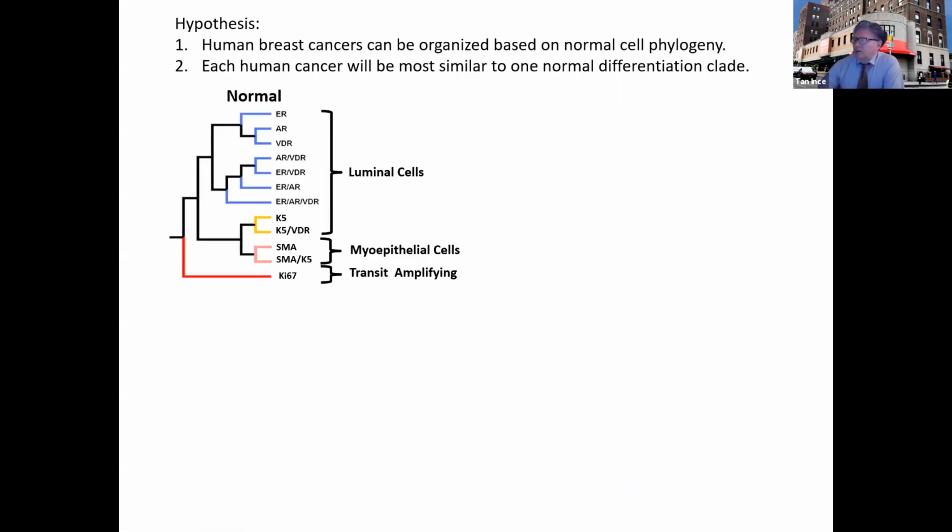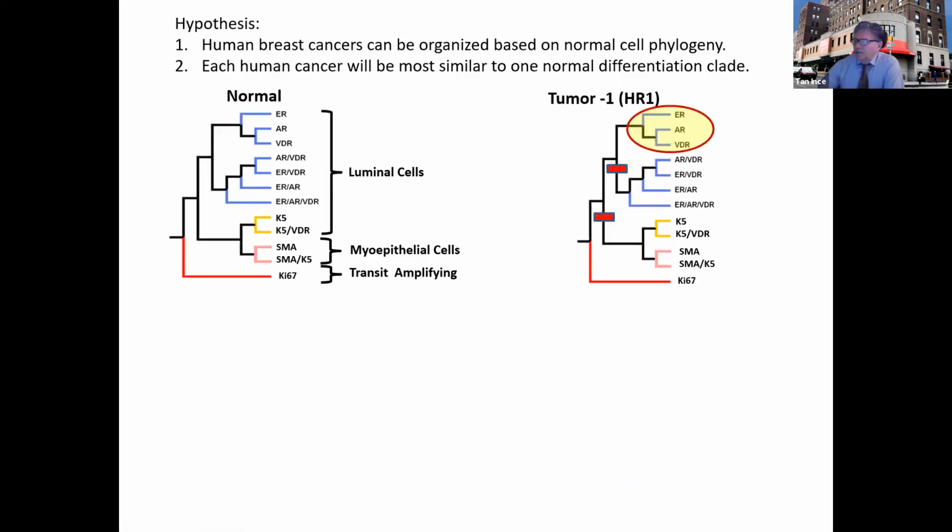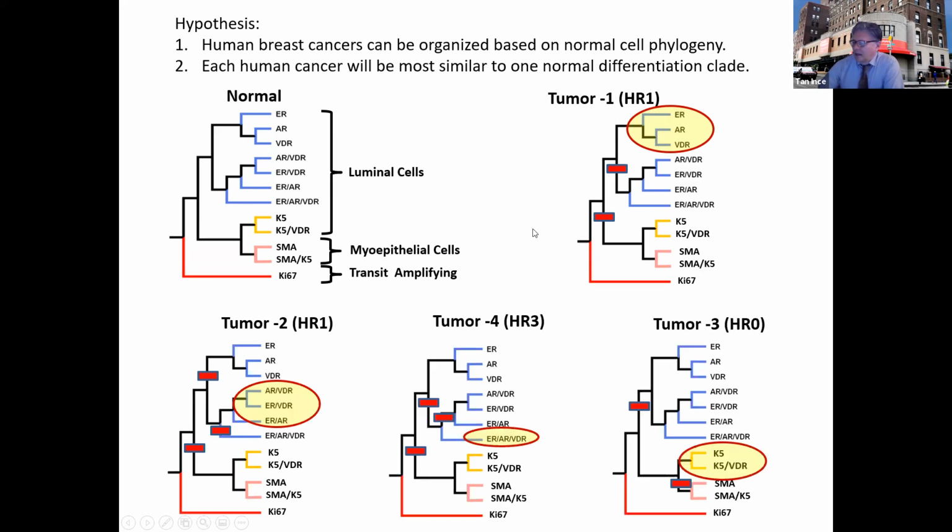So these are all the different normal cell types, and what we found is that while normals have all these cells essentially coexisting, tumors are stuck in one arm of this tree, in one branch. And every tumor followed this template.